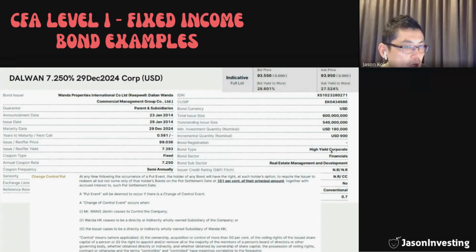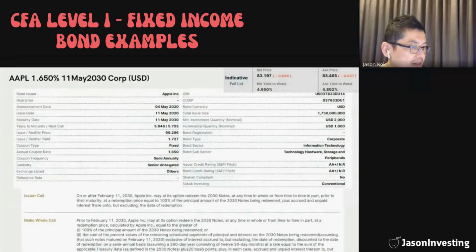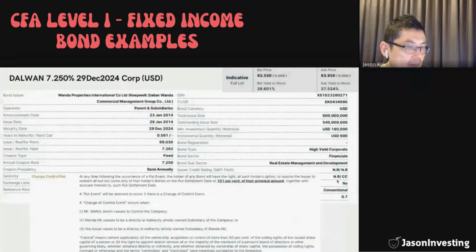And this is a high yield corporate bond, unlike the other one, which is AA plus. This bond is not even rated. It's pretty much a junk bond, which means that the interest rate is very high, 7.34%. And you can see it's issued at 7.25%, right?